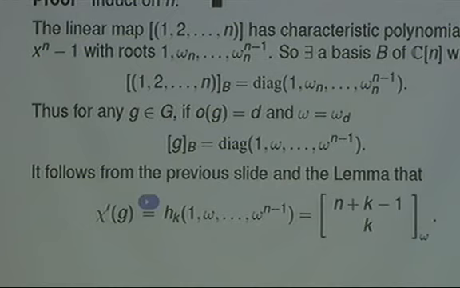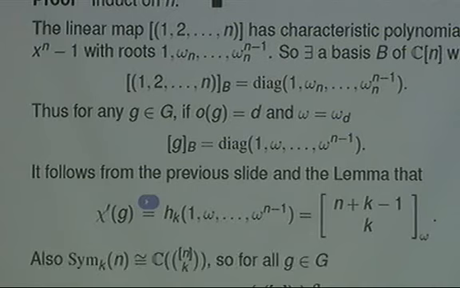So now we have computed the trace in one way, in this diagonalizing basis. But remember, why did we pick Sym to begin with? We picked Sym to begin with because it was isomorphic to the permutation module. And remember, we showed that for any permutation module, if you use the natural basis, you get a 0, 1 matrix, and the sum of the diagonal entries is the number of fixed points.